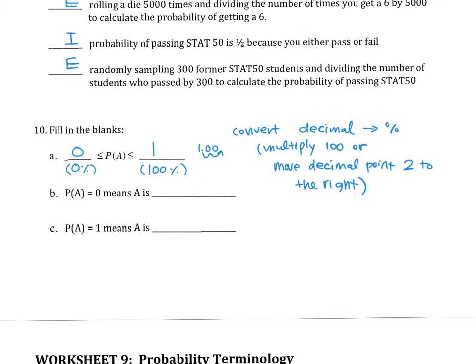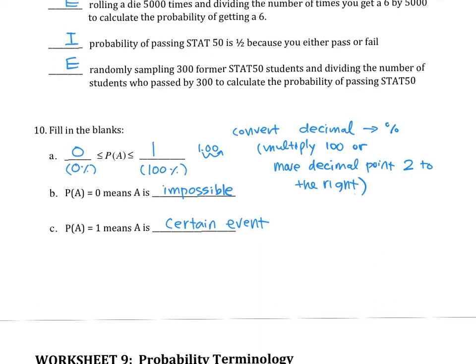So when probability equals 0, it means A is impossible. When you have 0 probability, that means it's not going to happen. When you have probability 1, which is 100%, that means it's a certain event. That means it's for sure going to happen.